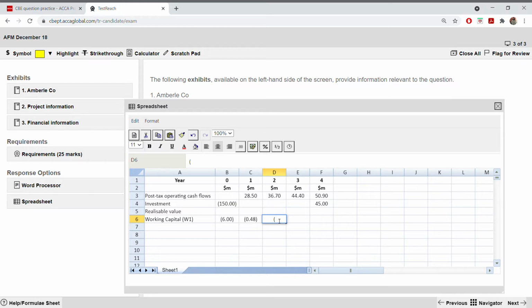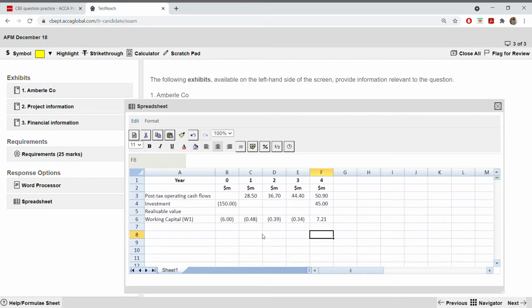Zero, 0.48, 0.39. Next, 0.34. And finally it is positive, 7.21. I'm going to release this.